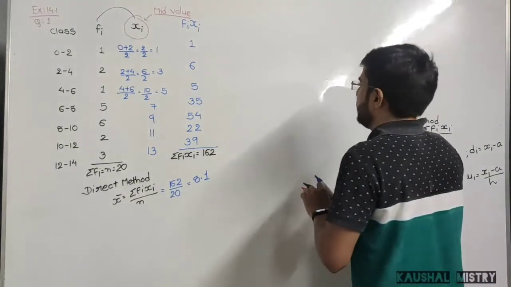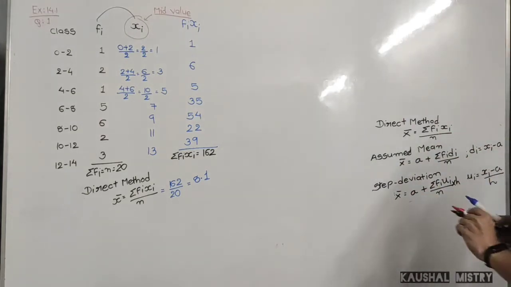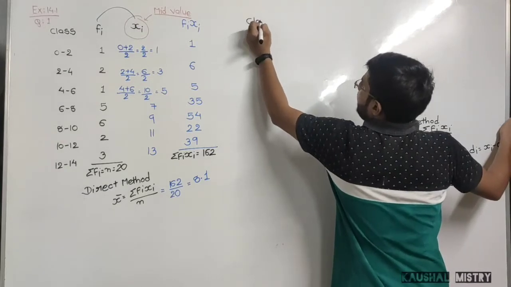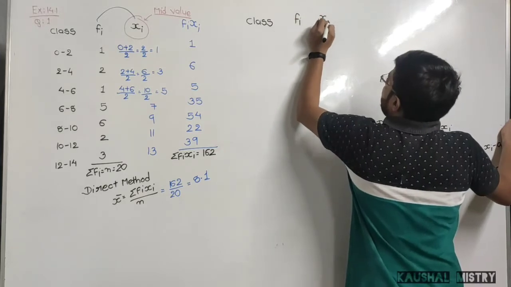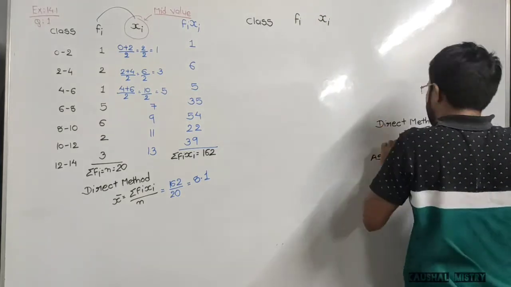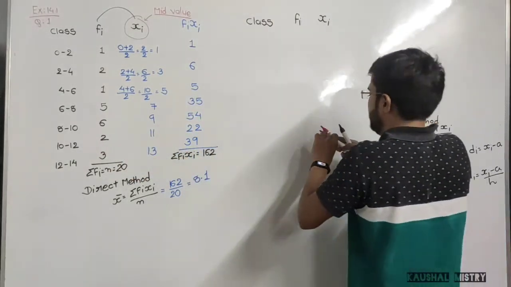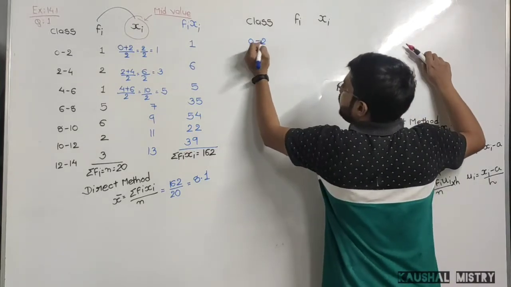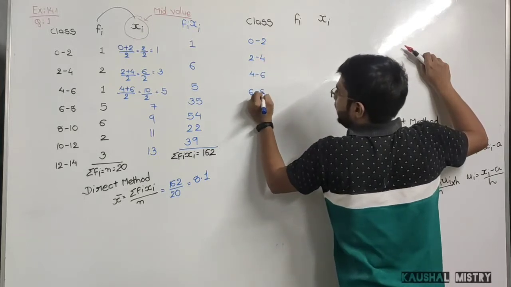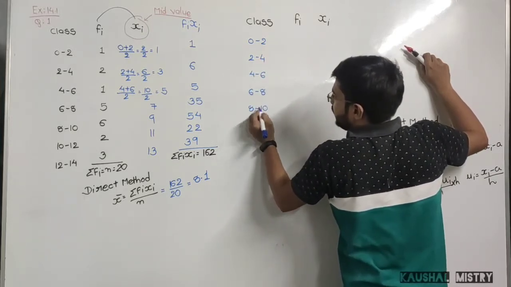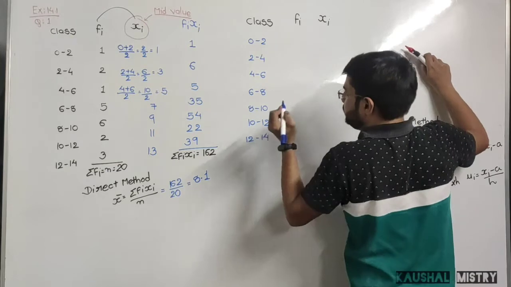Now we are going to solve this same sum by the assumed mean method. So this will be our class, fi, xi, the same as for the previous sum. The classes are 0 to 2, 2 to 4, 4 to 6, 6 to 8, 8 to 10, 10 to 12 and 12 to 14.